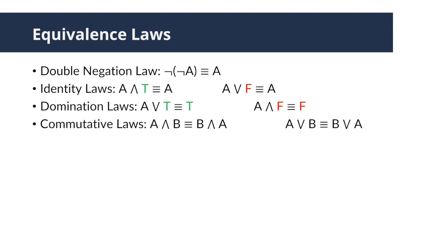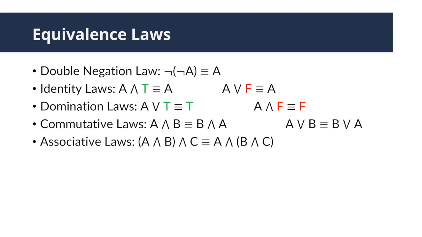Next, commutative laws. What it says is you can switch the order of the two disjuncts or conjuncts, and the resulting proposition will be equivalent to the original proposition. Next one, associative laws. There are 2 of them.